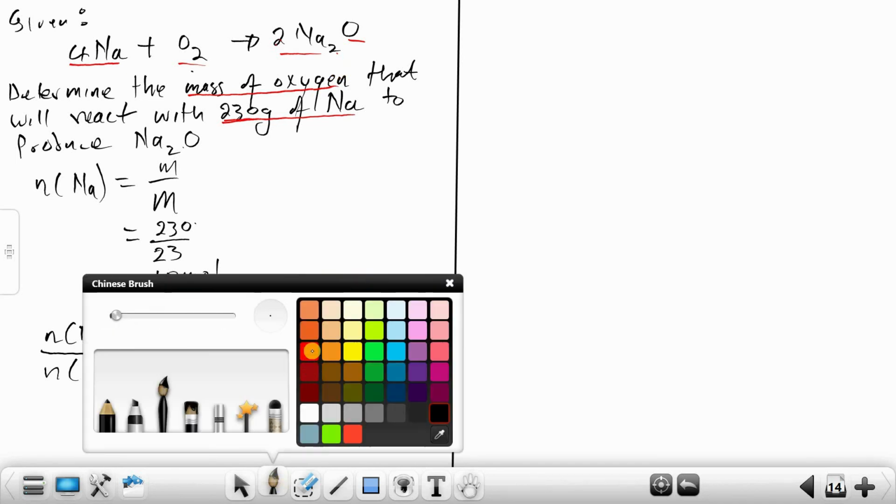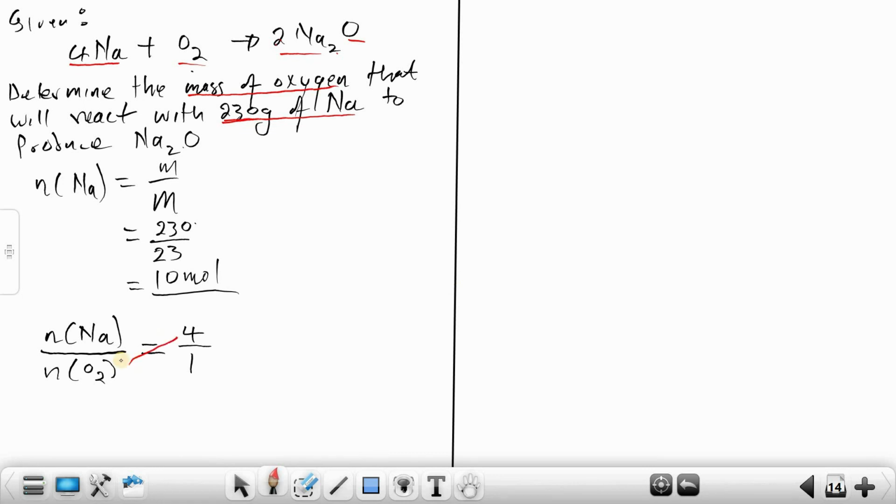Thereafter, what is needed now is to have cross multiplication. Then I have 4 n of O2, which is equals to 1 multiplied by n of sodium. Then, but I know this is equals to 1 multiplied by 1 will be 10.